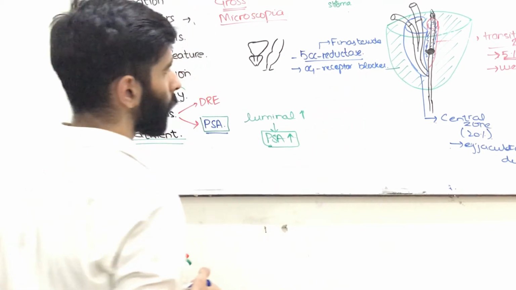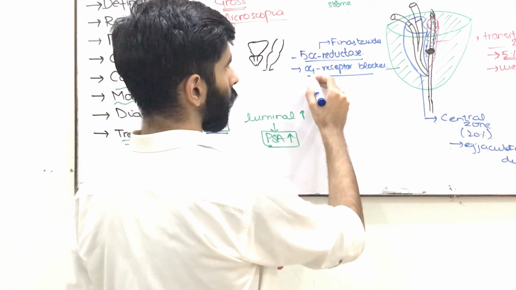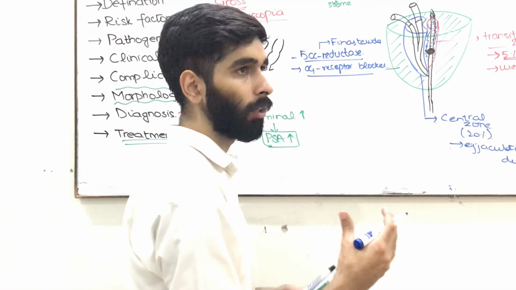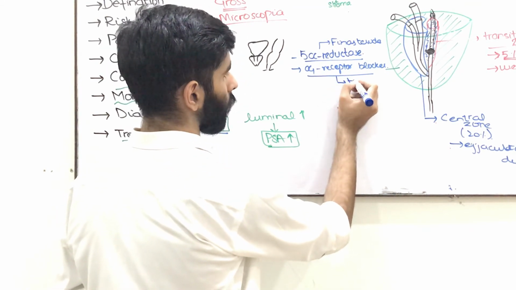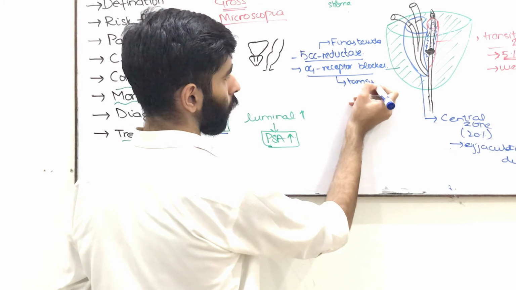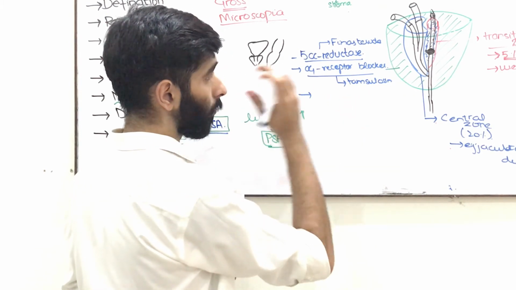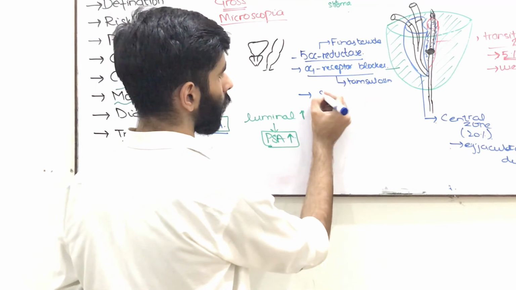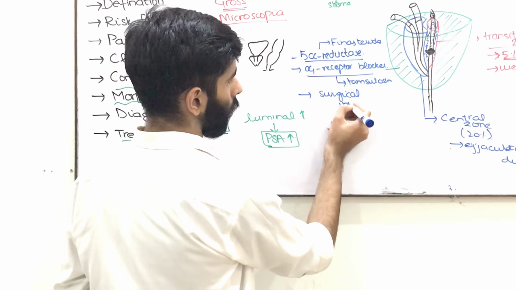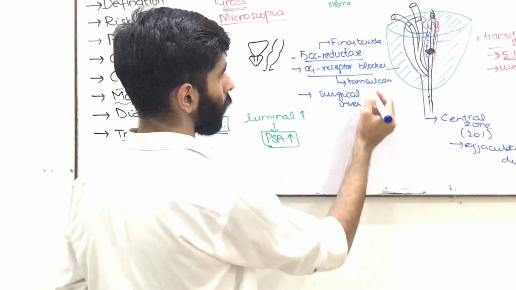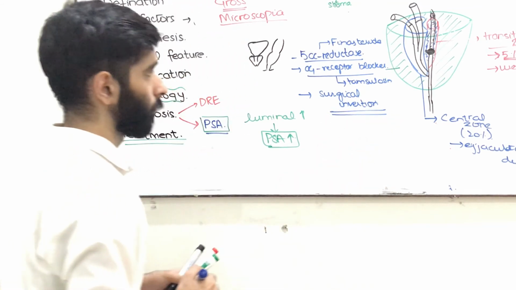For example, alpha-1 receptors are present on the smooth muscles of the prostate gland. So an alpha-1 receptor blocker prevents the contraction of these smooth muscles. For example, the drug of choice for this case is tamsulosin. And if the BPH is refractory to these medical treatments, then surgical interventions are used.